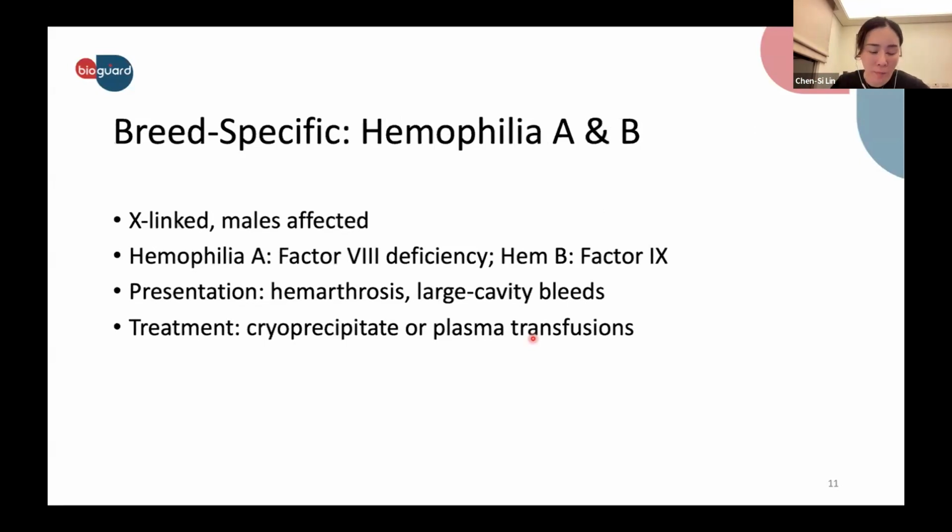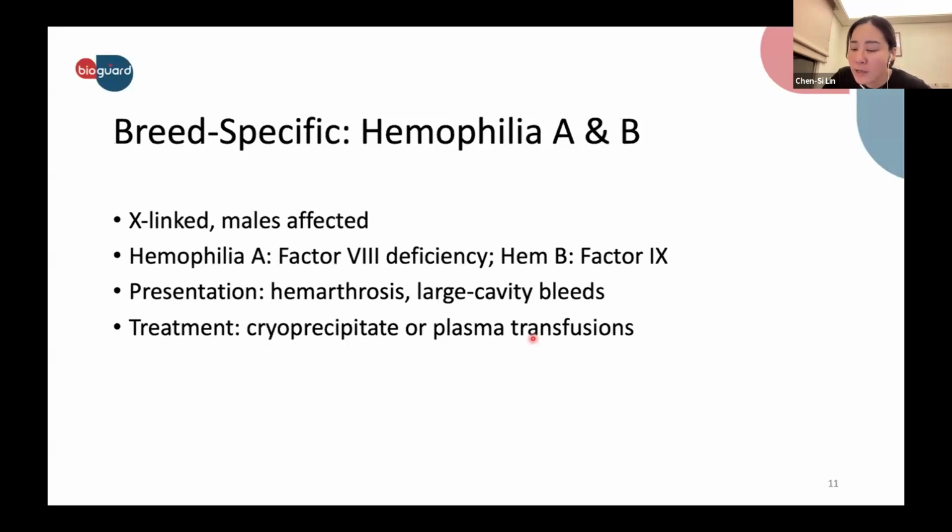Hemophilia A and B are because of gene mutation. Hemophilia A patients suffer from factor 8 deficiency, and Hemophilia B patients suffer from factor 9 deficiency.